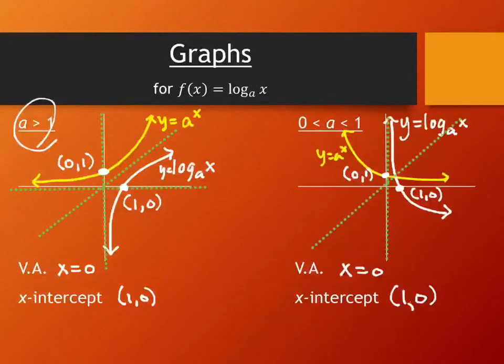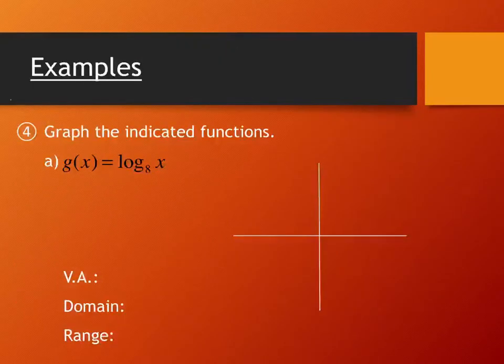So over here, it will have a vertical asymptote in the same place it did before. It will have an x-intercept in the same place, (1, 0). And the graph will be an increasing graph, like this.